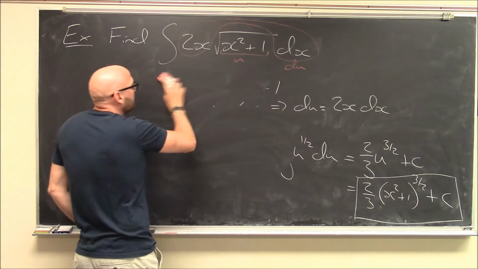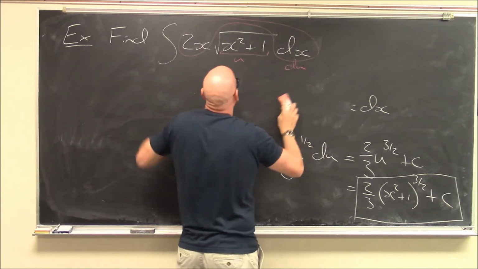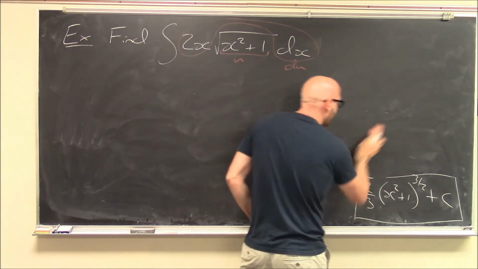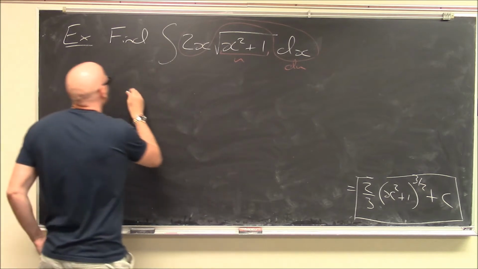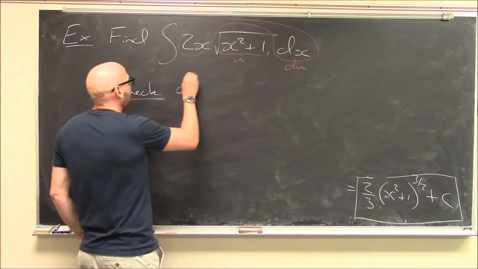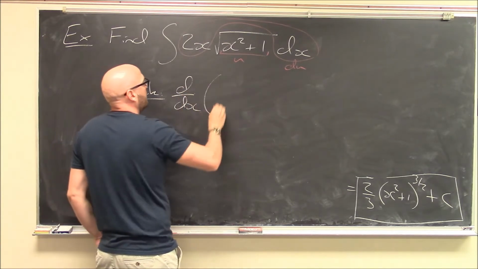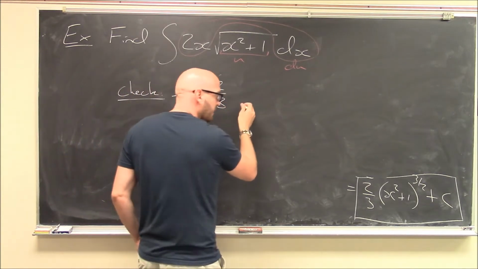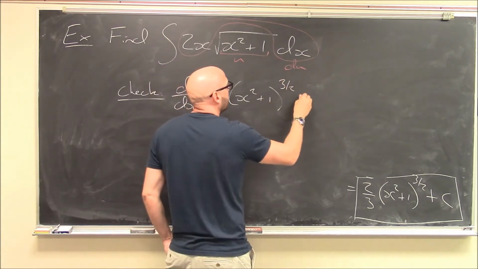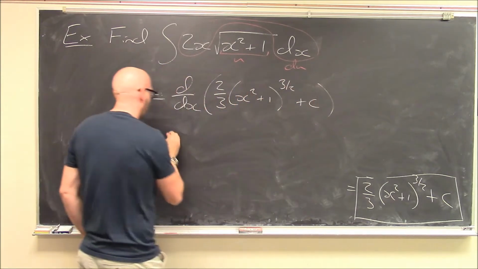If I'm claiming that's an antiderivative for this original function, let's go ahead and differentiate it. So let's check this. The derivative of 2/3 times x squared plus 1 to the 3/2 plus c is going to be what?